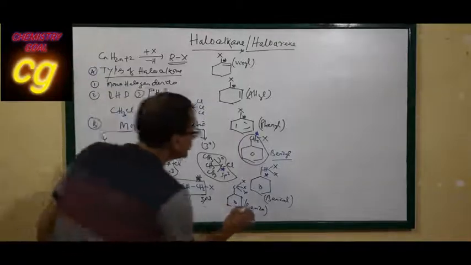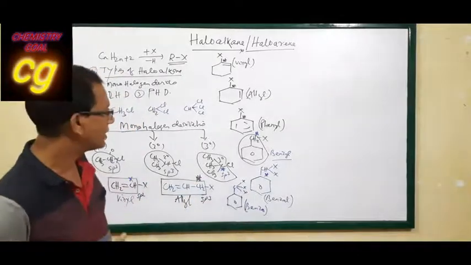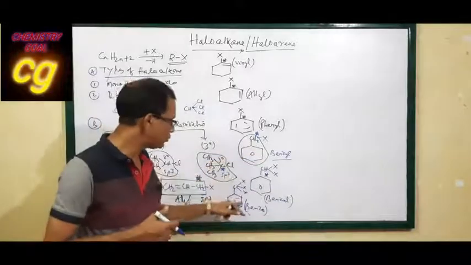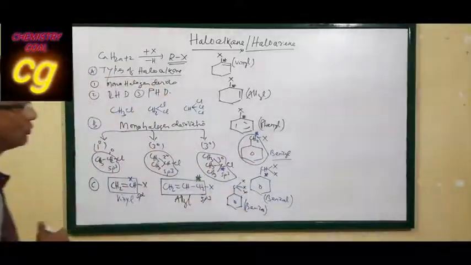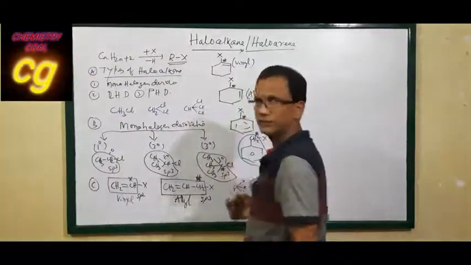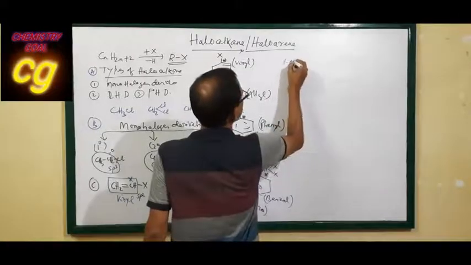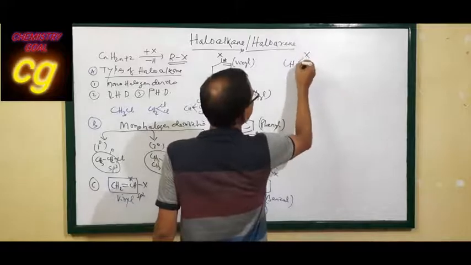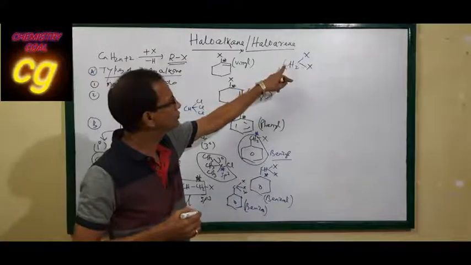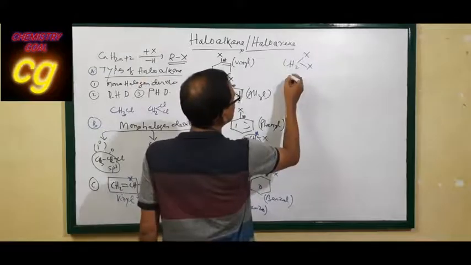So you have to remember the group names. This thing we are discussing is common. This group is called the benzyl group, and this group is called the benzal group, and this is the benzo group. But in the case of polyhalogen derivatives, if two halogens are attached to the same carbon, this is called what?